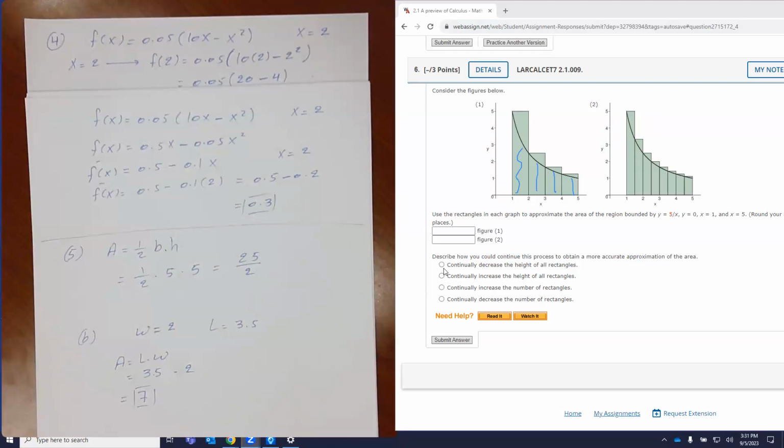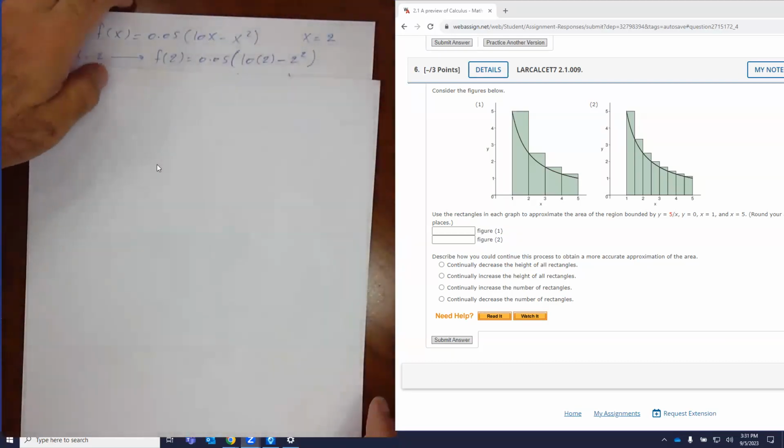The first thing, let's check how we're going to do that. We already know the area for each rectangle is going to be the height times the width. That's the first information.